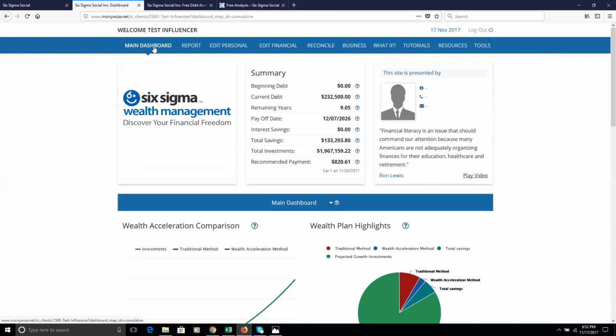It normally retails for about 4,000 US as a one-time payment, so the fact that we're able to offer it at the price that we do on a monthly basis is tremendous, because it does exactly what it says on the can. It accumulates wealth through reducing debt.